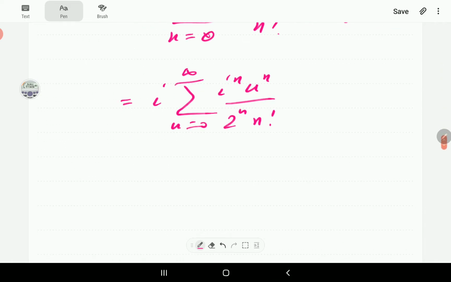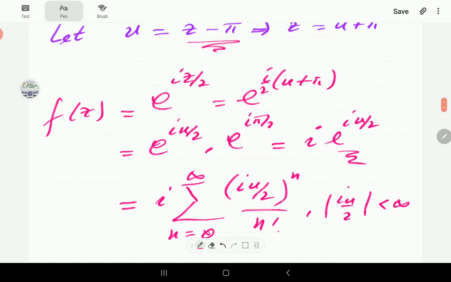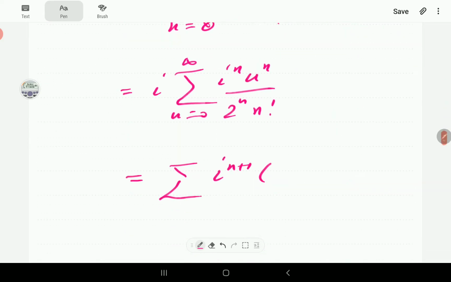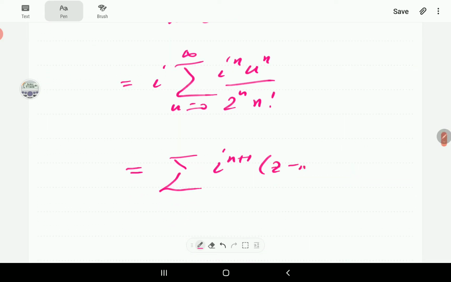Then what we can do is we can multiply by the u into the summation by the i. It's going to be i to the power n plus 1. Then u is z minus pi. So z minus pi here to the power n over 2 to the power n times n factorial.